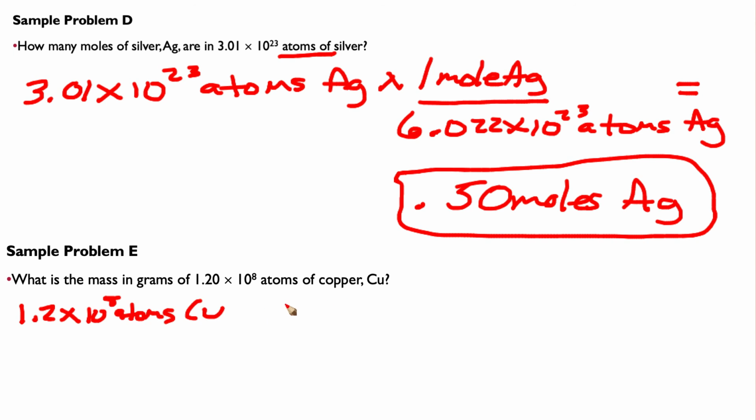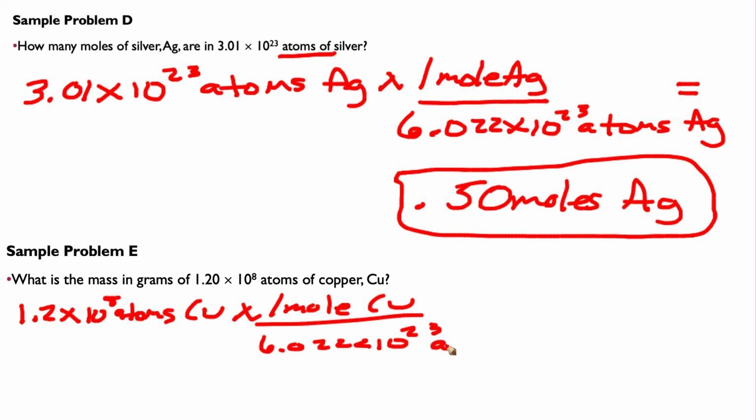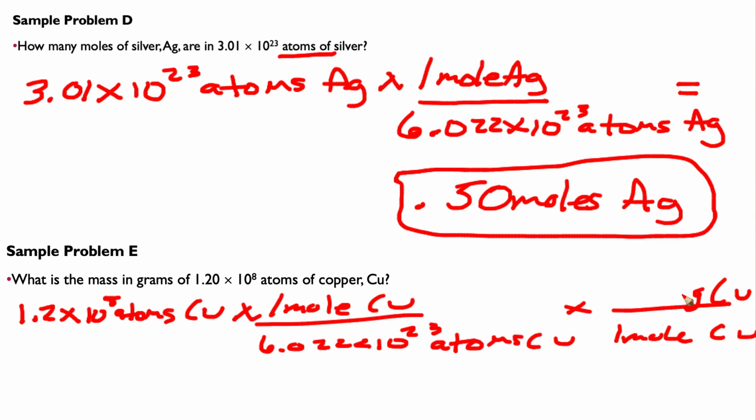We want to go to grams, but I know for a fact I can't go right from atoms to grams. I need to go from atoms to moles first. So times 1 mole of Cu all over Avogadro's number. And then I can go to grams, and the molar mass of copper, Cu, is 63.55.